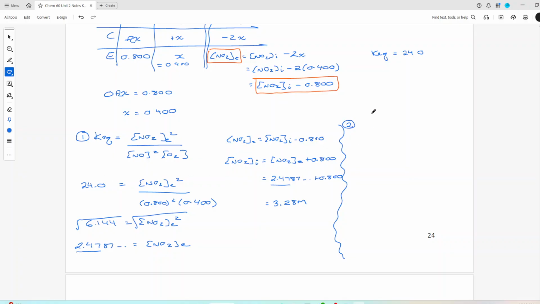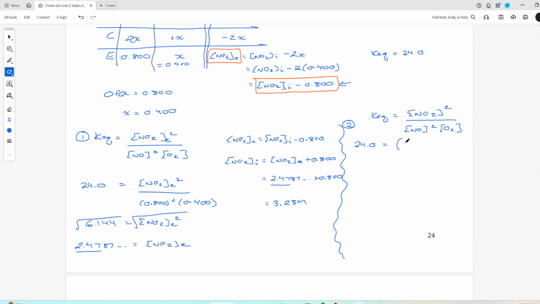So again, we're going to start with KEQ is equal to the concentration of NO2 at equilibrium squared divided by the concentration of NO squared and O2. In for equilibrium KEQ, we're going to put in 24.0. But this time, instead of putting NO2 at equilibrium, I'm going to use this expression here.